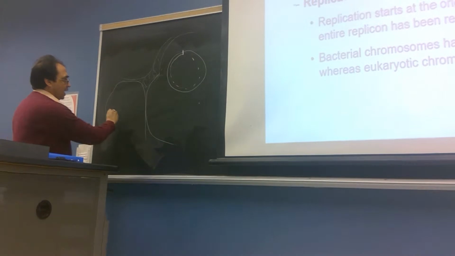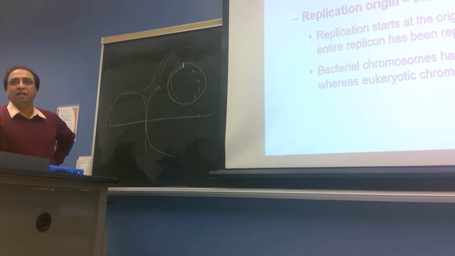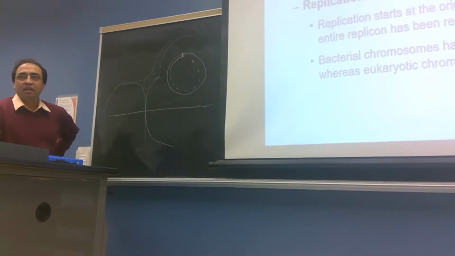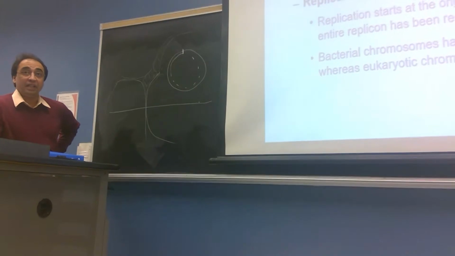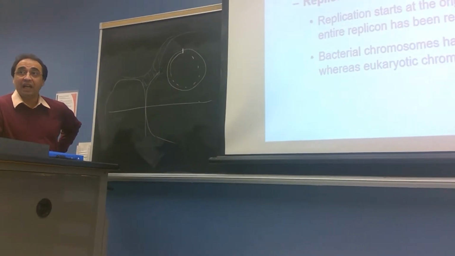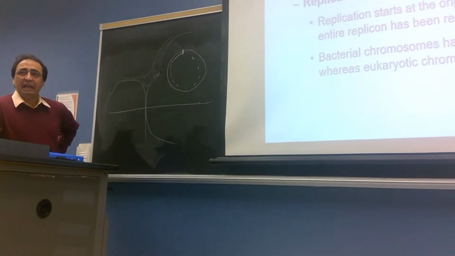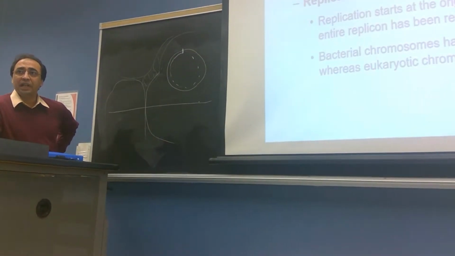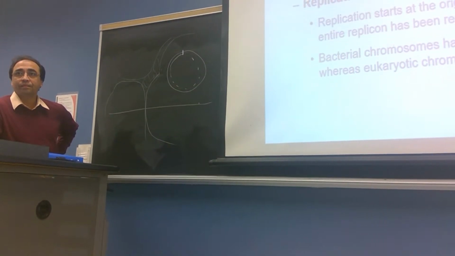But eukaryotic DNA is very long DNA, having 6 billion base pairs. And in this long DNA, if the replication goes on in such a way, with one origin, it would take about 10 days to complete the replication. But the replication is done within 7 hours.